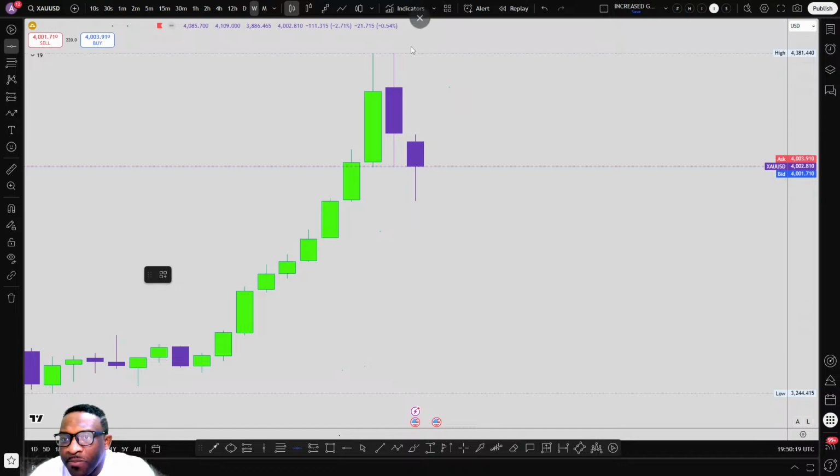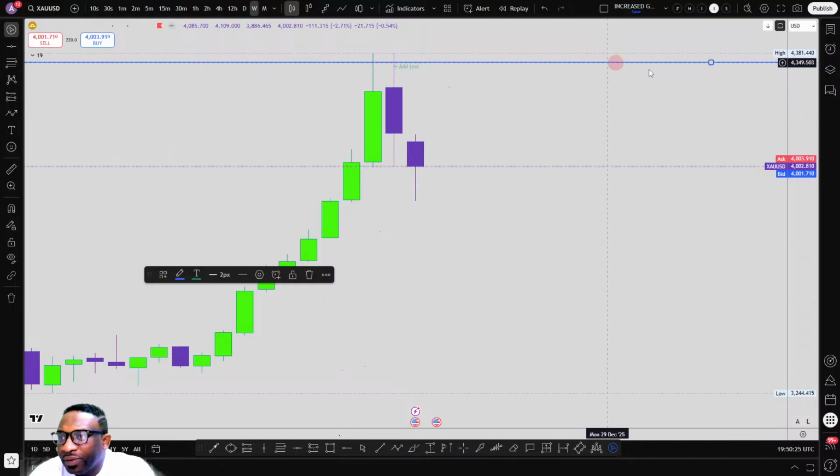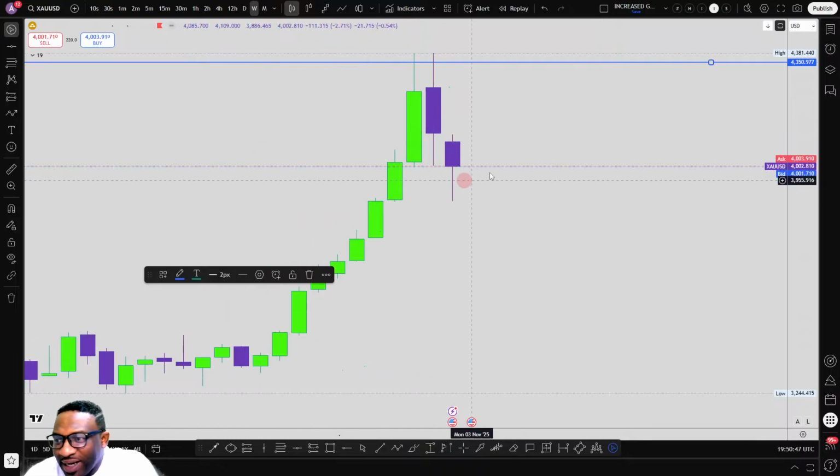Yeah, 4350 key level, we hit it. We had price rejected from there, and then looking at the last 2 weeks price action, we have a body close below the last 3 weeks candle, which gives us an indication of selling mood.